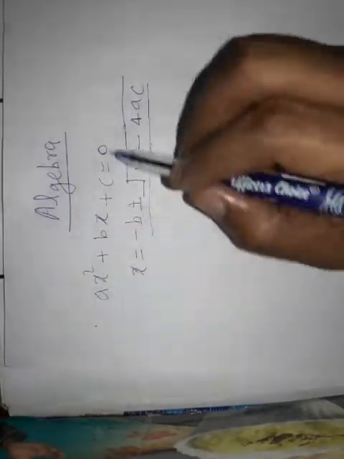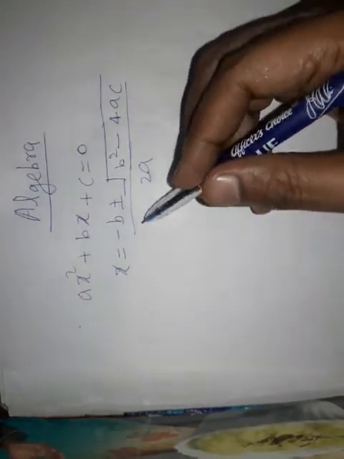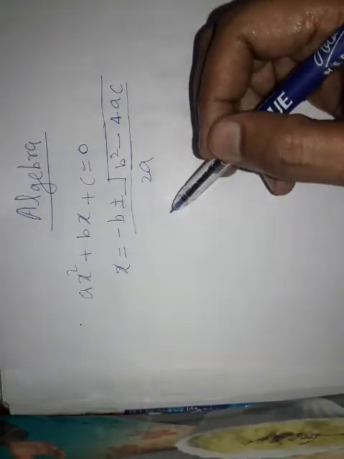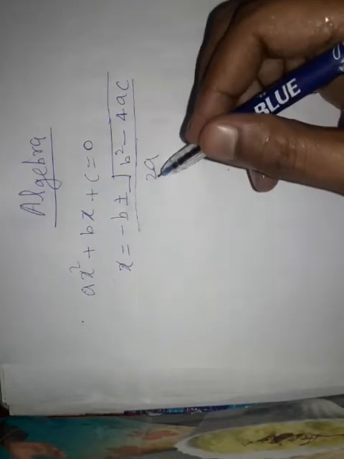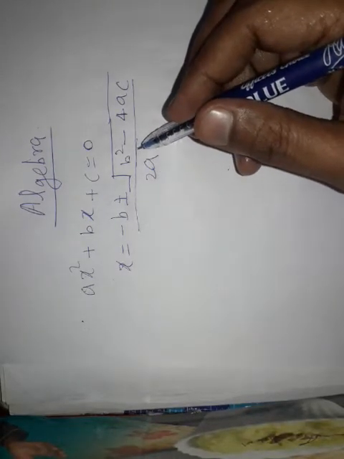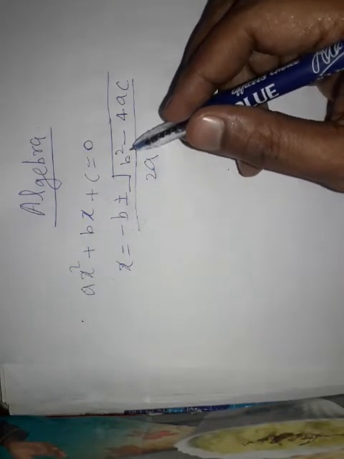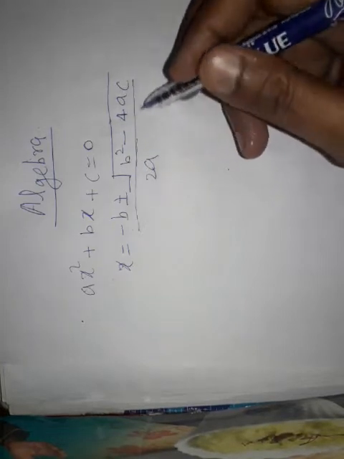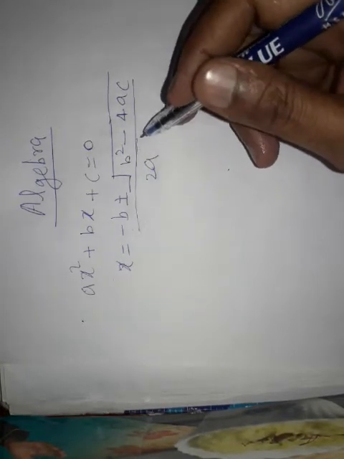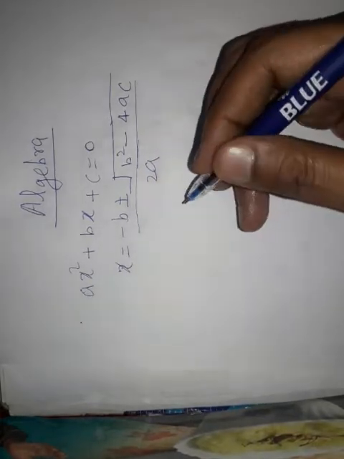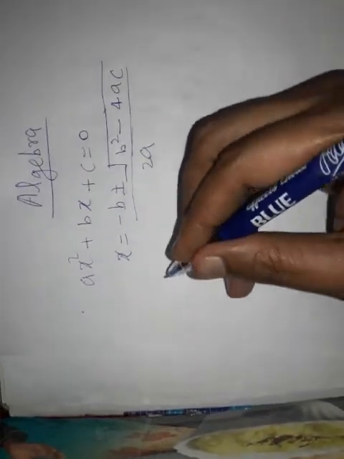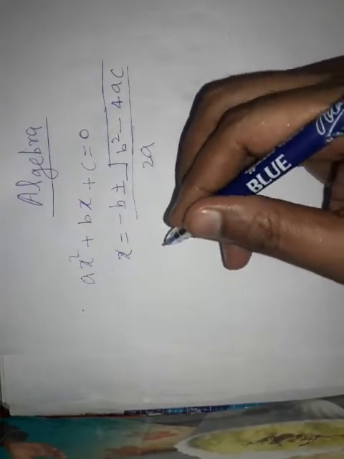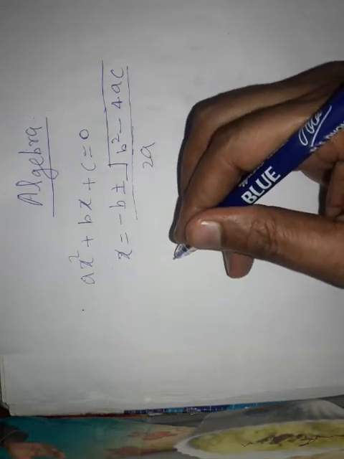We can also factorize this equation, or use Sridharacharya's formula. And this term b square minus 4ac is known as discriminant. So let us solve a problem based on quadratic equation.